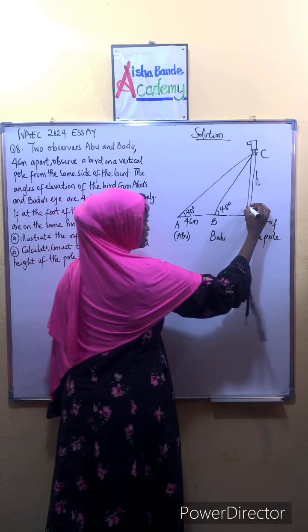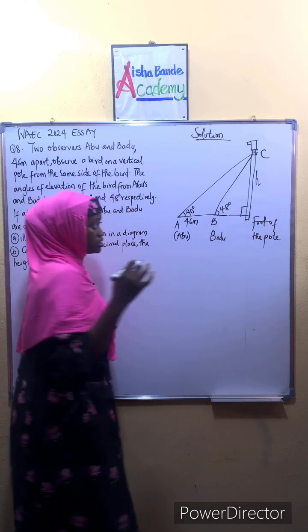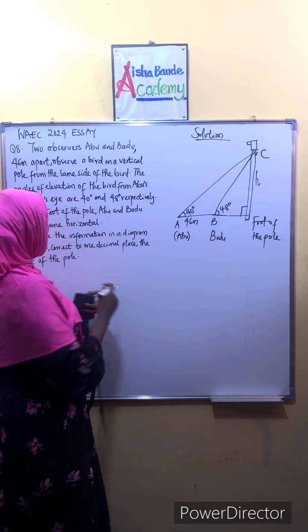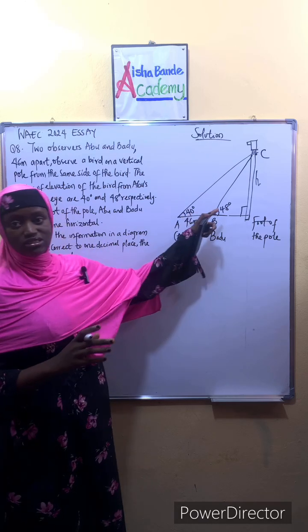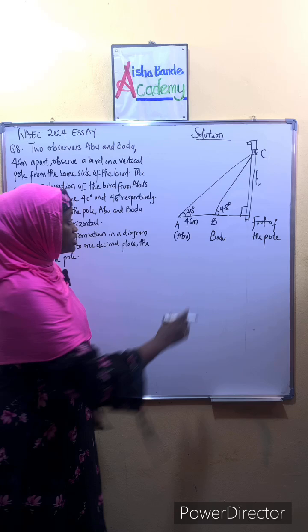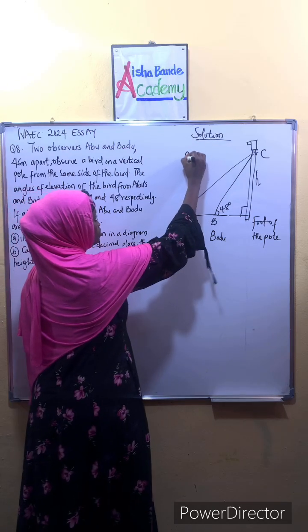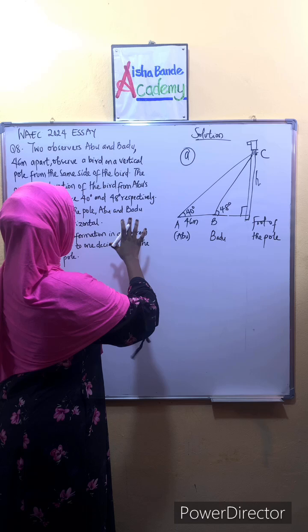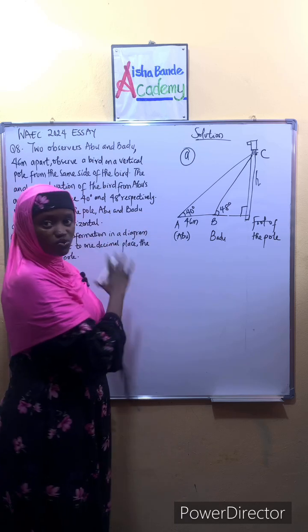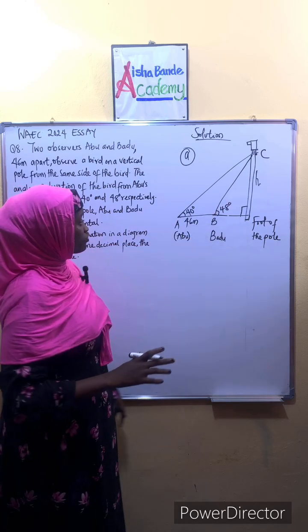Looking at this now, we can see that we have an angle here of 90 degrees. So all the information given in the question has been interpreted in a diagram. All of the parameters from the question have been interpreted here.